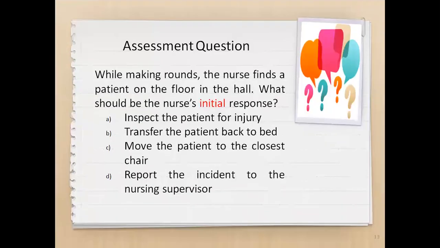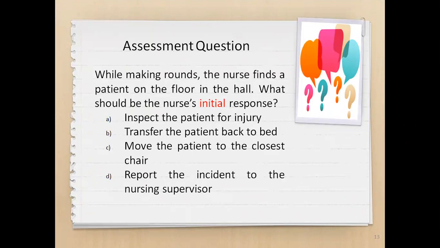We have here an assessment question. While making rounds, the nurse finds a patient on the floor in the hall. What should be the nurse's initial response? So the STEM question here is, what should be the nurse's initial response? We have here the word initial.